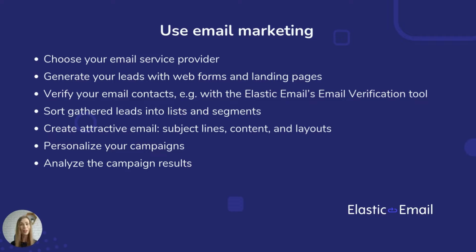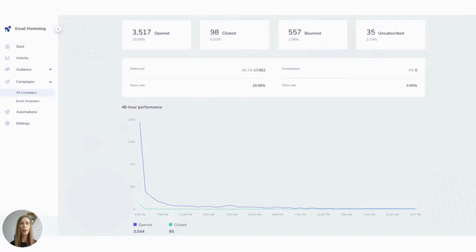And once your campaign is sent, your emails have gone out to the world. And what's next? So now we have to analyze your campaign's results, because how else will you know that it was successful? So what you can do is check the delivery rate, opens, click-throughs, bounces, unsubscribes, and abuse complaints.